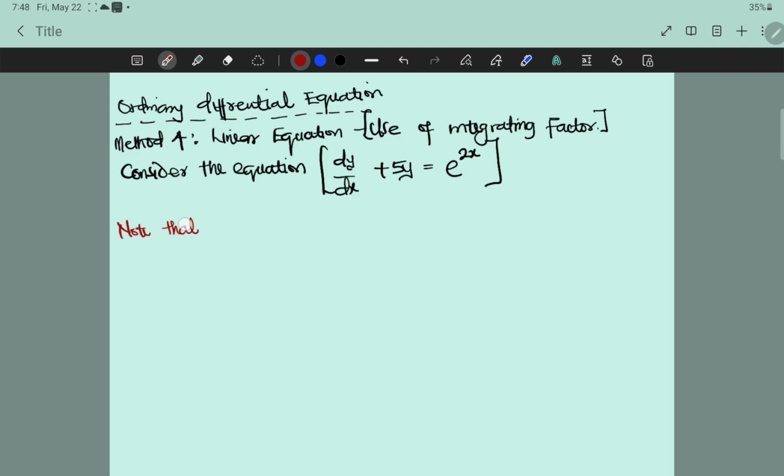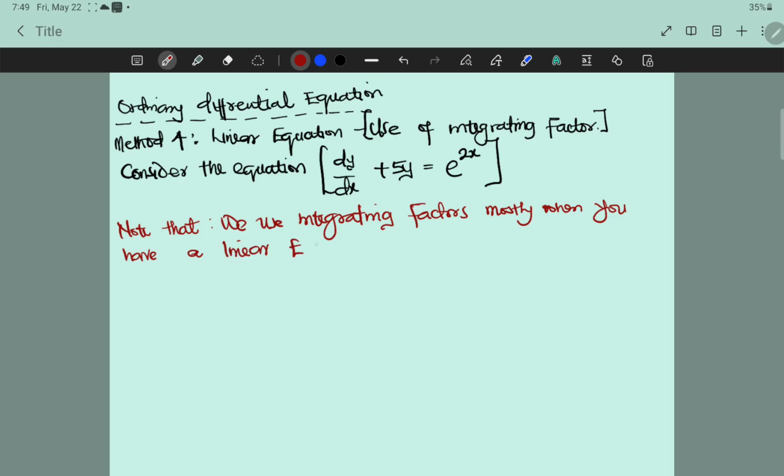Note that we use integrating factors mostly when you have a linear equation. All right, if that is the case, let us get straight down to business.